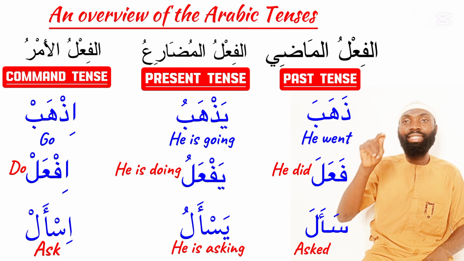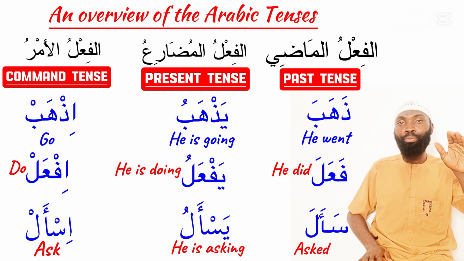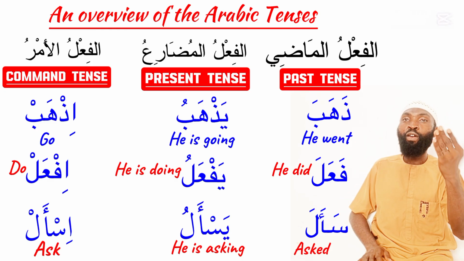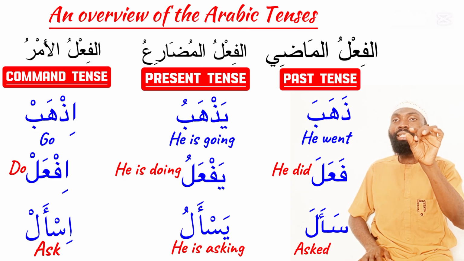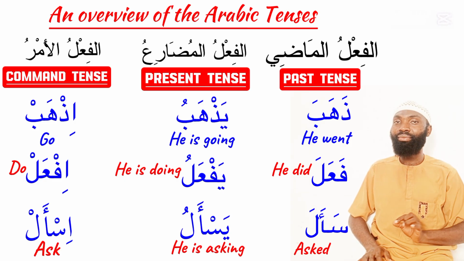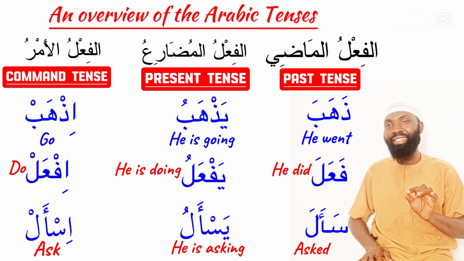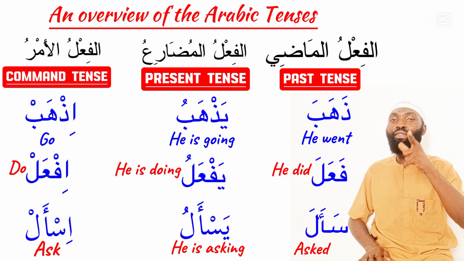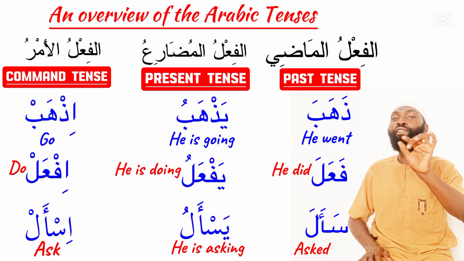When you add this ya, the 3 letters come as you have seen, like yadhhabu. From the word dhahaba, the first letter dhal now carries sukun. Then ha maintains. Then the ba carries dhamma now to give you yadhhabu. The same thing with yas'alu, the same thing with yaf'alu.